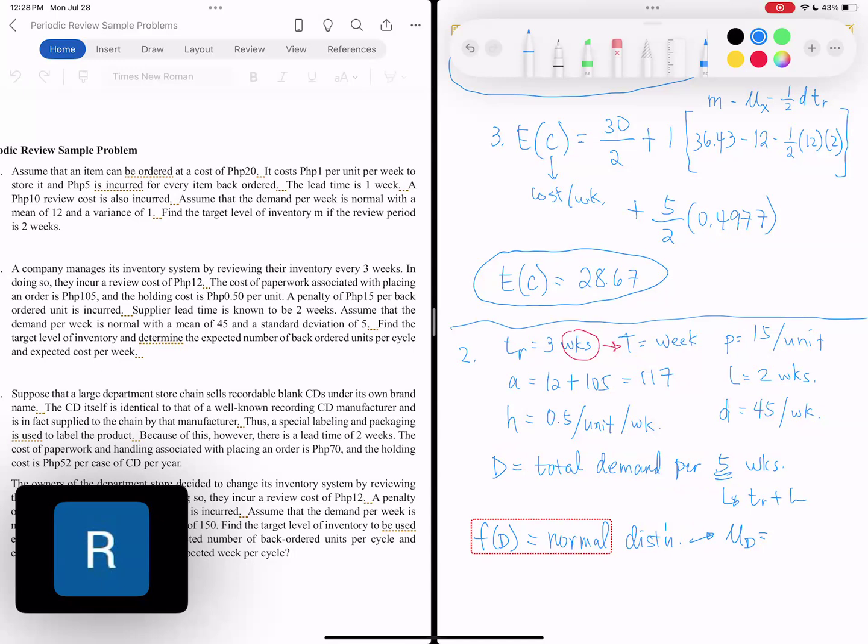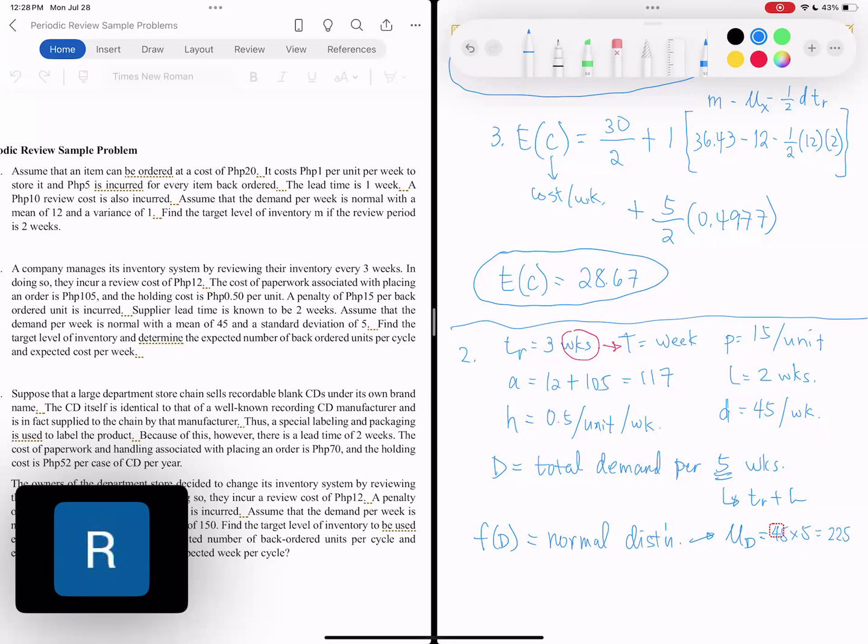Anyone? Multiply it times 5, sir. Yes, the 45 times 5, that will give you 225 for 5 weeks.